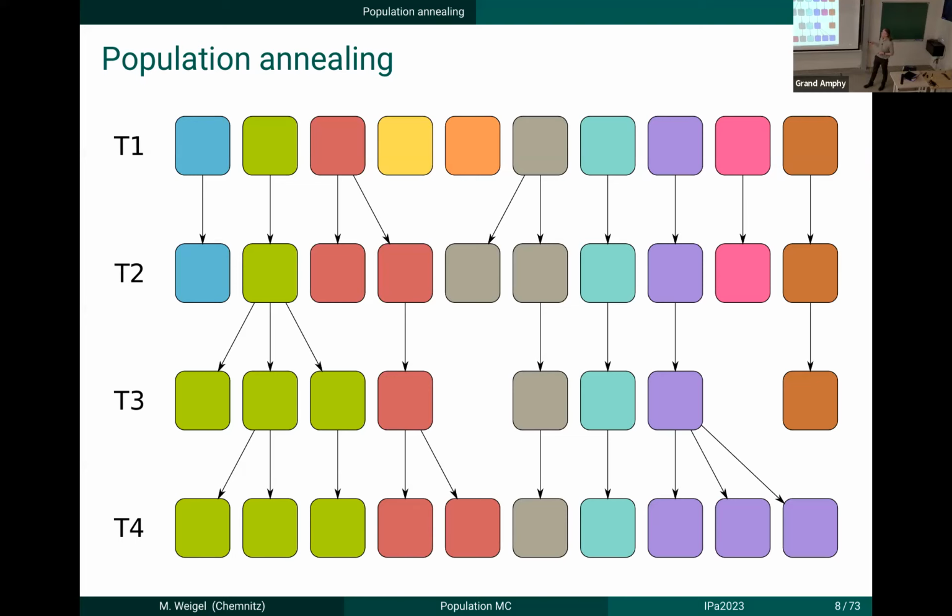In contrast to parallel tempering, all of those copies sit at the same temperature, as indicated by this T label here. You usually start, and this is the simplest scheme, at a high temperature, for example even infinite temperature, where you could easily draw a perfect sample from the equilibrium distribution, which is just random configurations in that case.